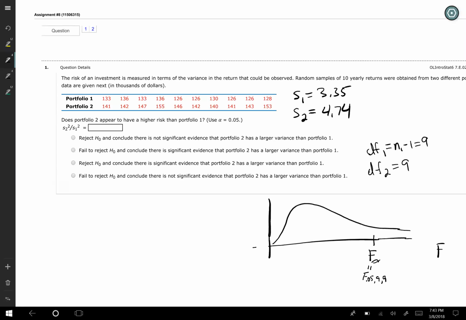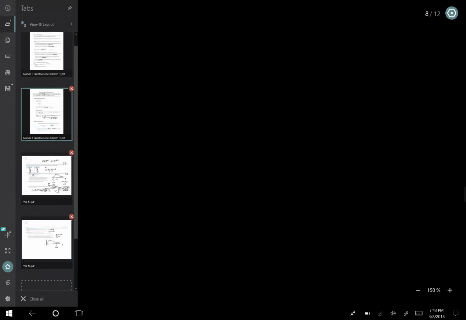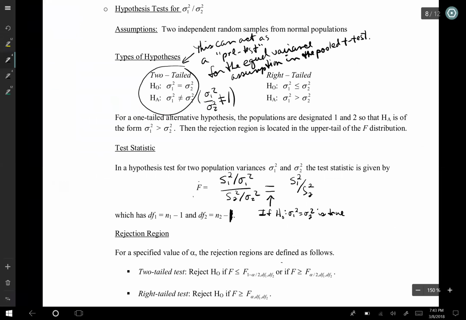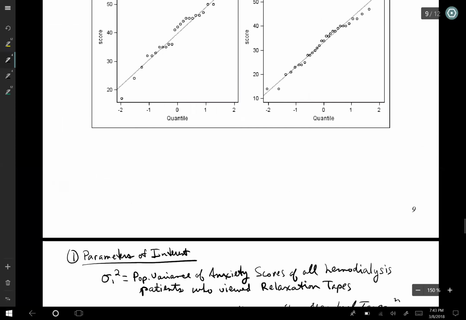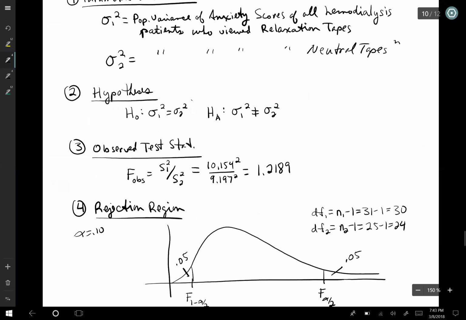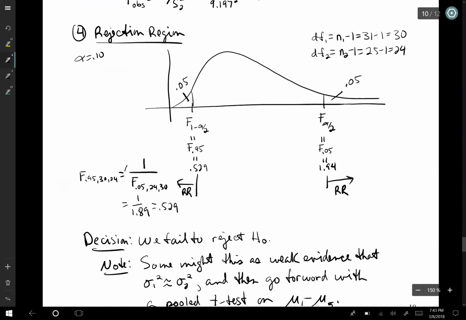But in our notes, we did 1 over F sub 0.05, 9, 9. And it didn't want me to do that in the homework. You talking about right here? Yeah.